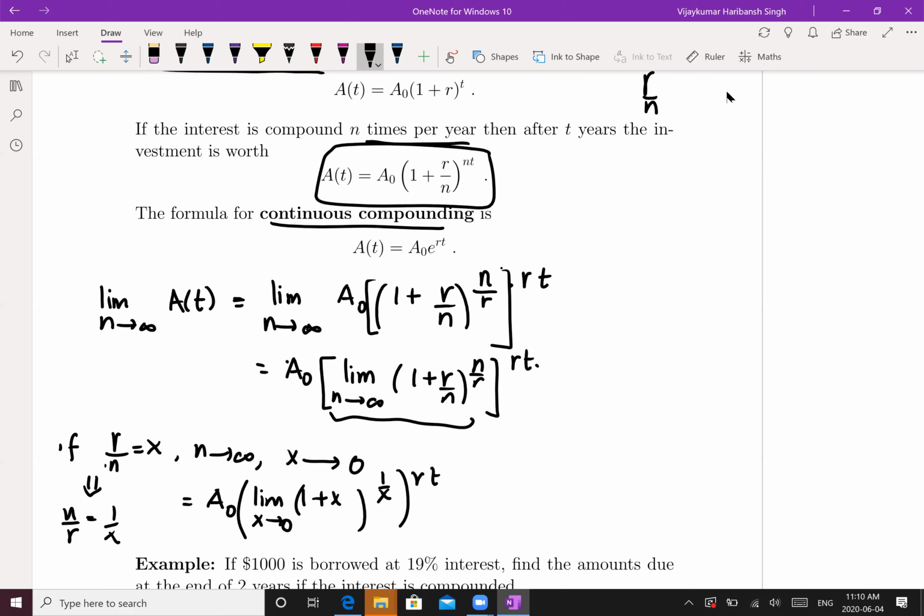Now, if R by n is x, the reciprocal n by R is 1 over x. We have already said earlier that this limit is going to be e. So we get A0 times e to the power RT.